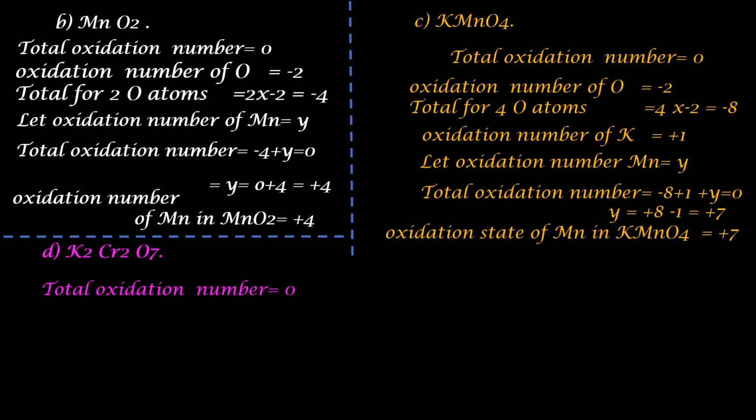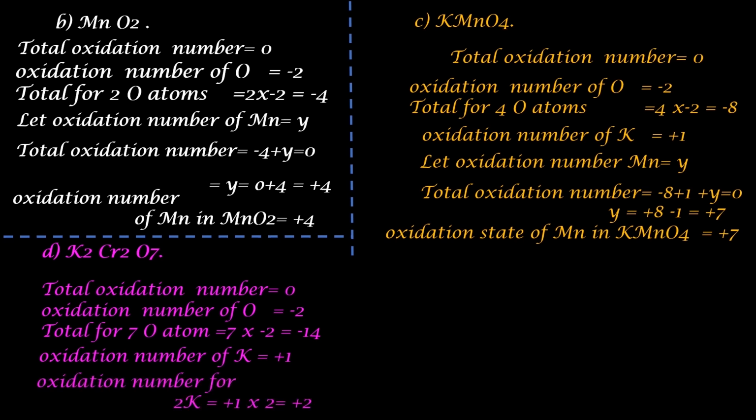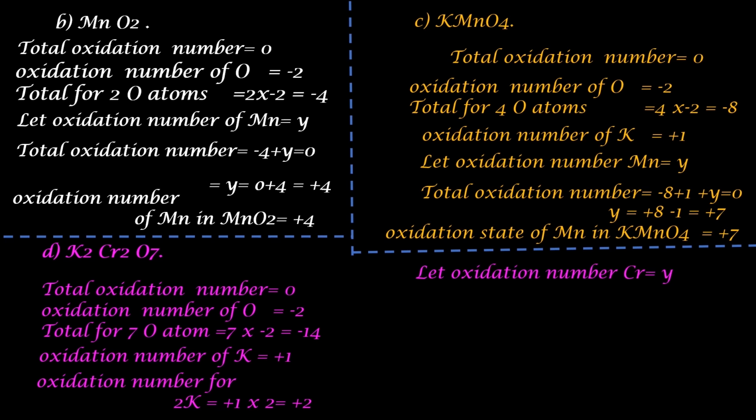Total oxidation state for 7 oxygen atoms is 7 into negative 2 equal to negative 14. Total oxidation state for 2 potassium atoms is equal to 2 into positive 1 equal to positive 2. Let the oxidation number for 2 chromium be equal to 2Y.